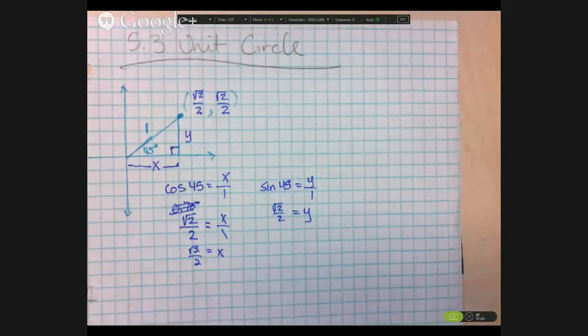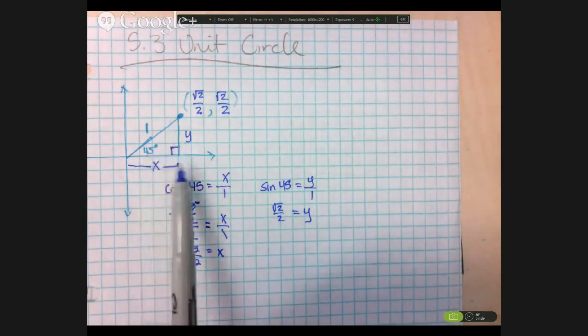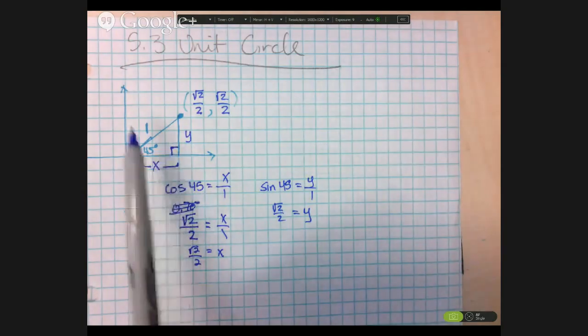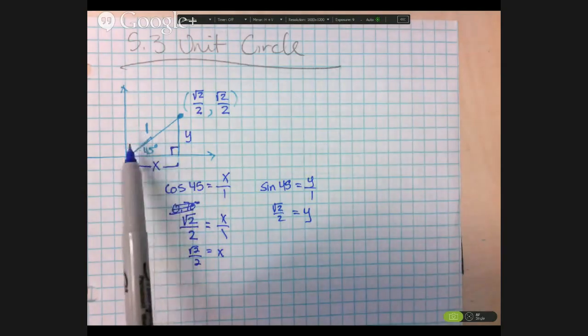Okay, open your brains for information. You good now? It's time to think. Okay, this is a 45, 45, 90 triangle, right? With hypotenuse 1. Yes?